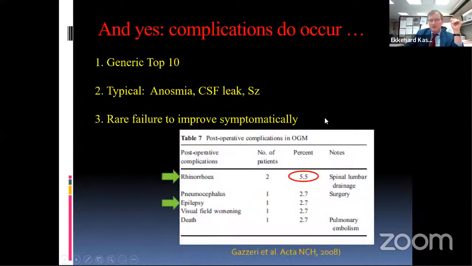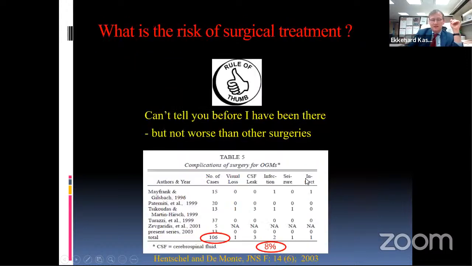When I looked at the series across the literature, the currently reported CSF leak rate is about 5% for these patients. The reported cumulative risk across visual loss, CSF leak, infection, seizures, and infarct is about 8%. So it's not a benign procedure. You need to realize this is still maximum surgery for a big problem.